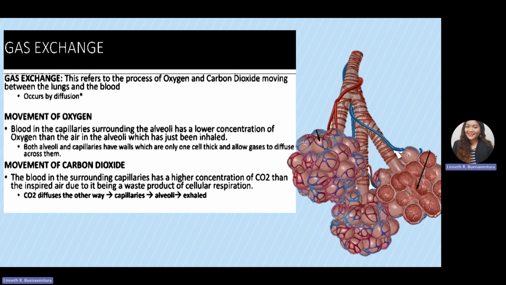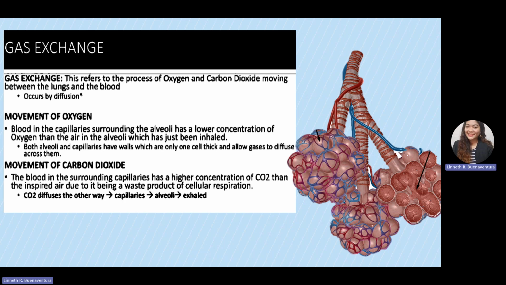And then, how does the carbon dioxide move along with the gas exchange? The blood in the surrounding capillaries has a higher concentration of carbon dioxide than the inspired air, due to its being a waste product of cellular respiration.